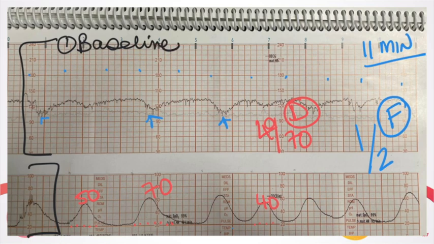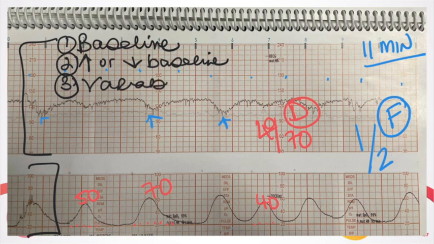The second thing: is there anything above or below your baseline? And then variability. So you always want to start with your baseline. Don't start with whatever these are. Start here, just like if you're evaluating labs on a patient, start with your baseline. That's all I'm going to say about that for today.